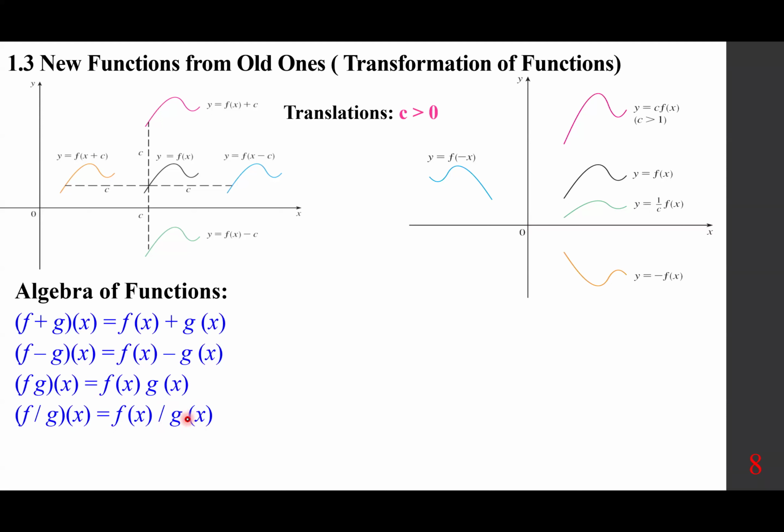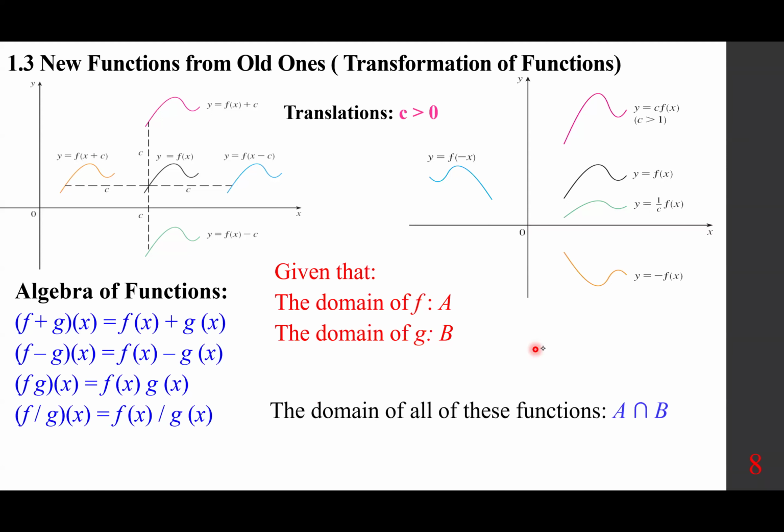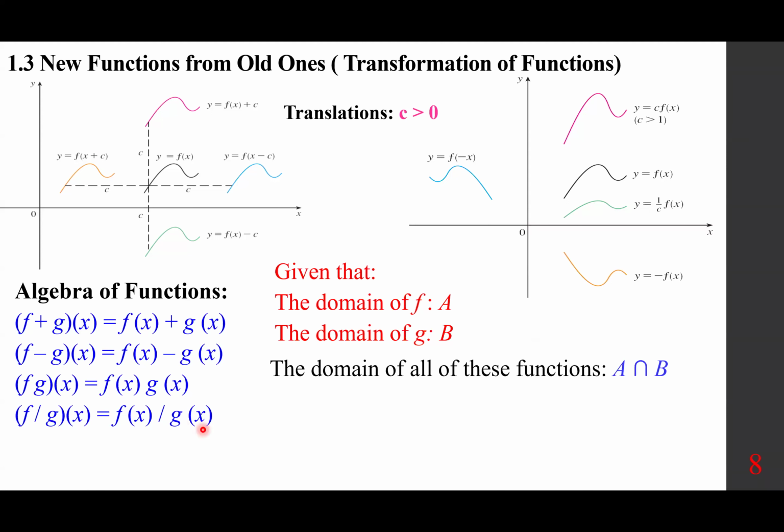So when you look at the domain for those, assuming that A represents the domain for the function f and B represents the domain for function g, then the domain for all of these functions is A intersection B. The last one, also we exclude anything that makes the denominator 0.